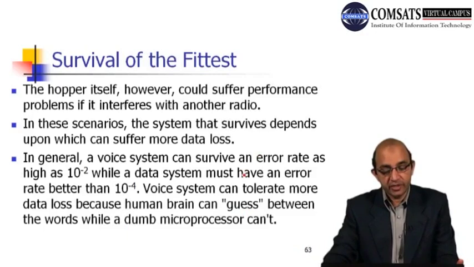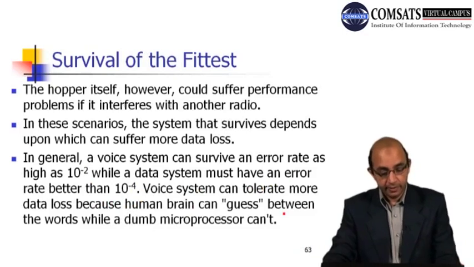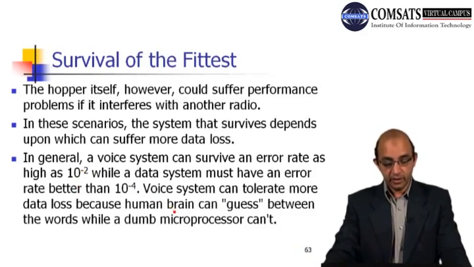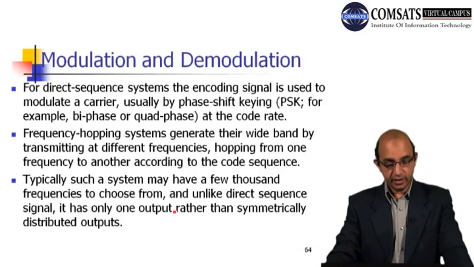A voice system can survive an error rate as high as 10 to the power minus 2, while a data system must have an error rate better than 10 to the power minus 4. So we can conclude that the voice system can tolerate more as opposed to data, because the human brain can fill in between, right? So if we have a break, we can still understand the communication.